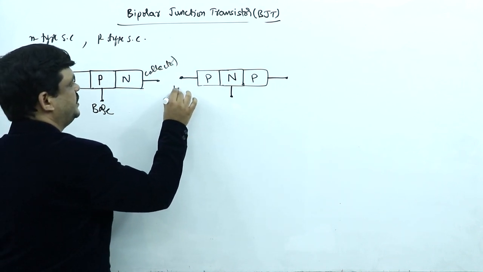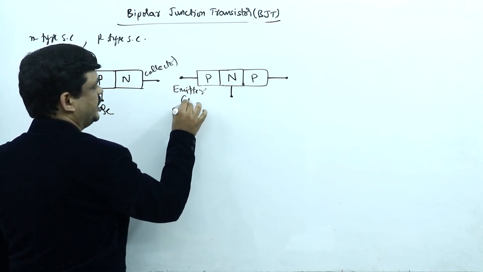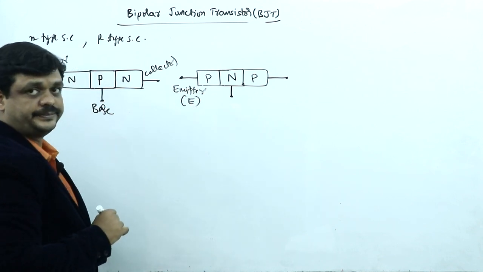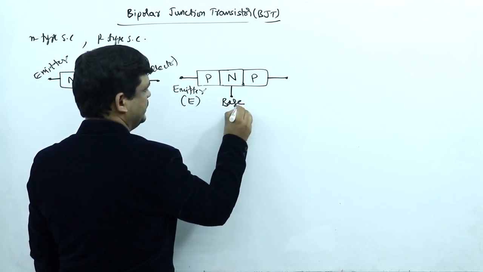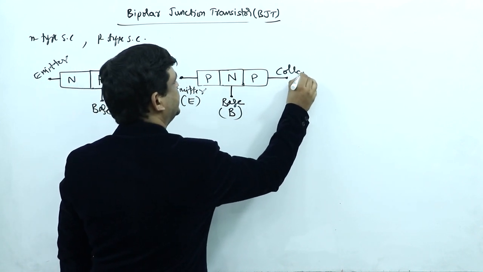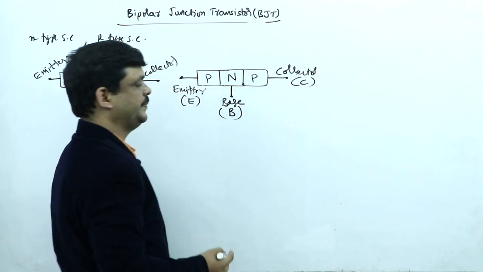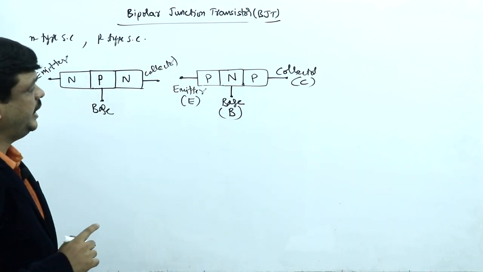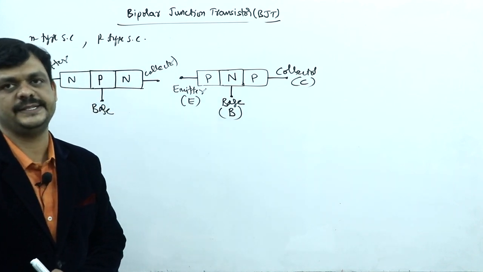This is emitter, generally denoted with E. The middle terminal is base, denoted with B, and this is collector, denoted with C. So the names of the terminals are E, B, C: emitter, base, collector.